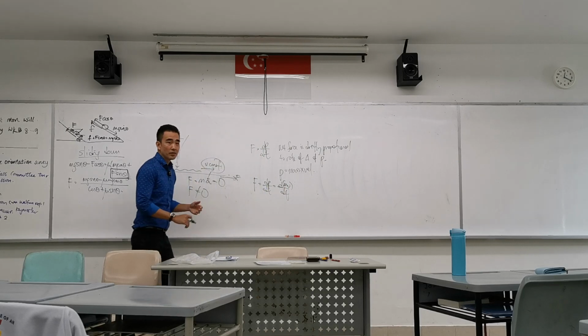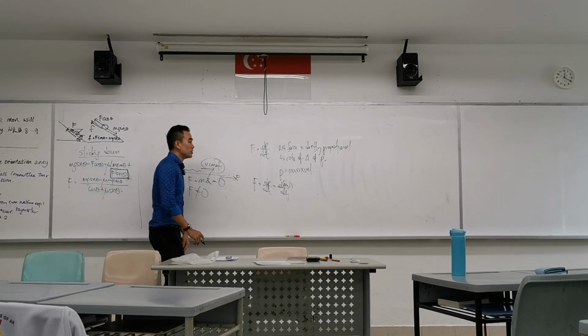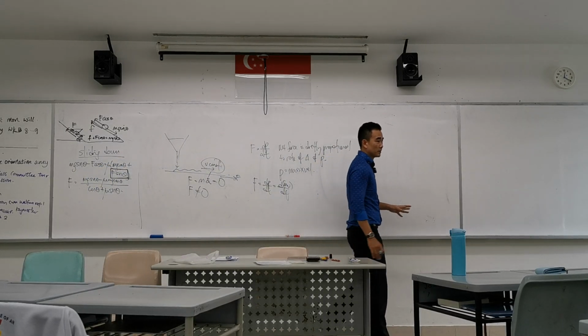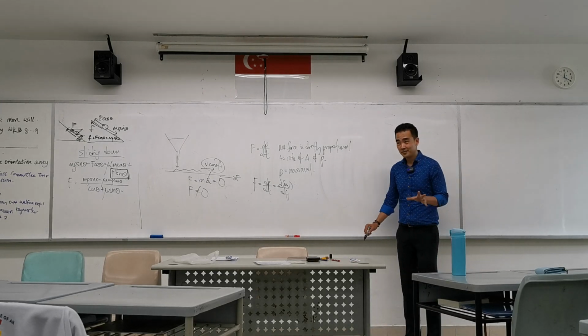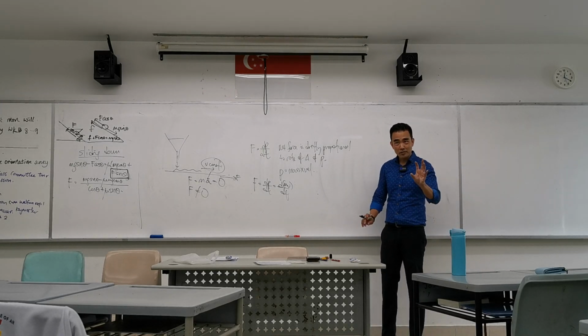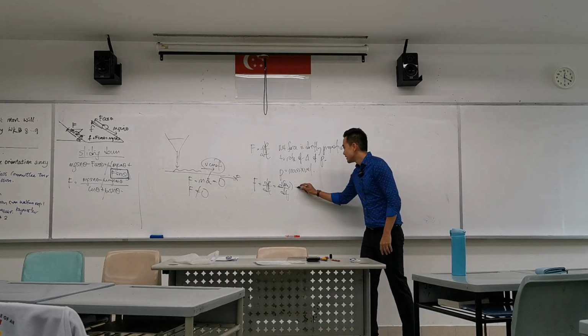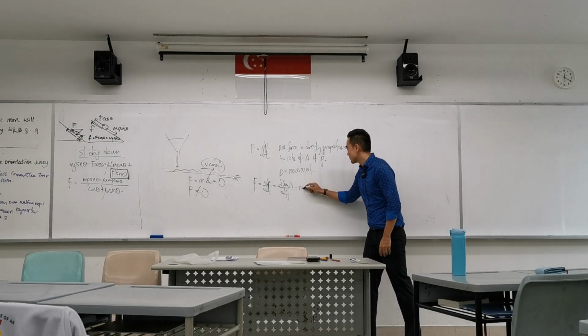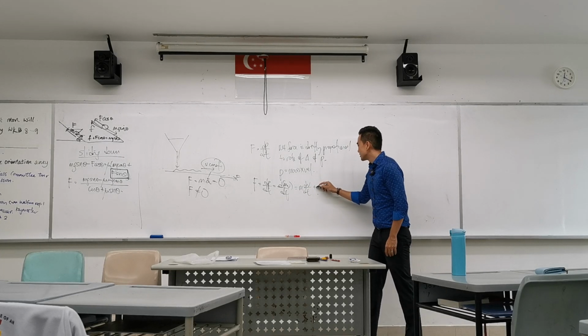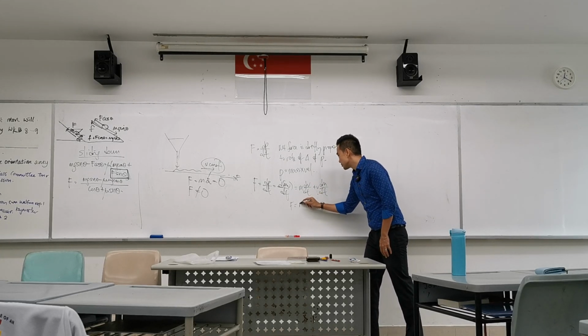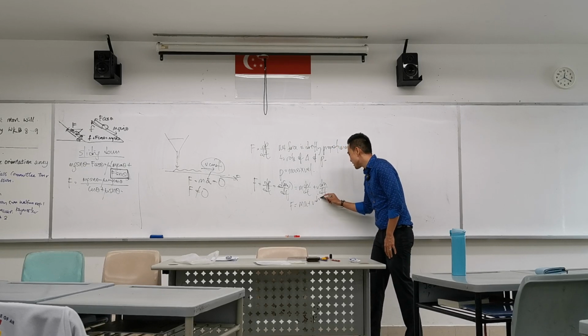Now, how does this end up in F equals ma? Let's take a look. Do you still remember partial differentiation? You keep one constant, differentiate the other, then keep the other constant and differentiate the first. So F is equal to ma plus v dm/dt.